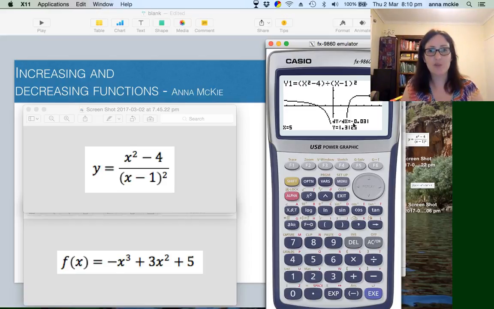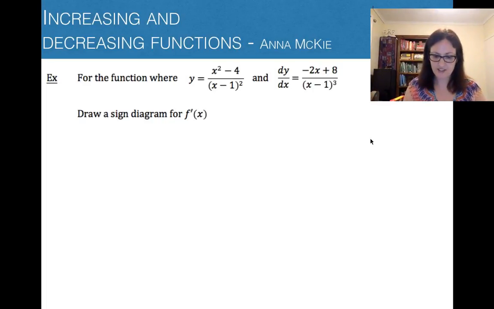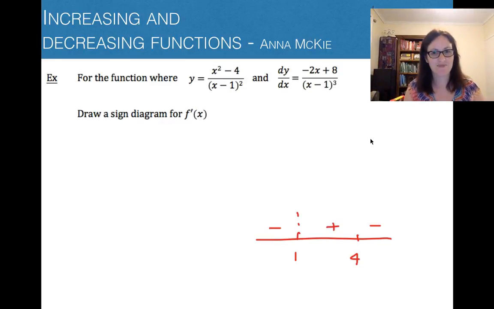Our derivative, dy by dx, is a negative number, so that means it's going downhill again. So our derivative is negative. Let's fill in our sign diagram then. We had negative, positive, negative. Obviously you've still got yours drawn. We've got 1 and 4, negative, positive, negative for our sign diagram.